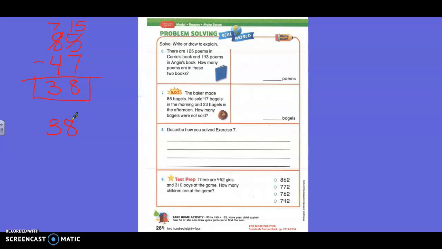Now, in the afternoon, he sells 23. So what does that mean we need to do? Shannon? We need to do 38 minus 23. Okay, what's 8 minus 3? Matthias? 5. What's 3 minus 2? Isaac? 1.